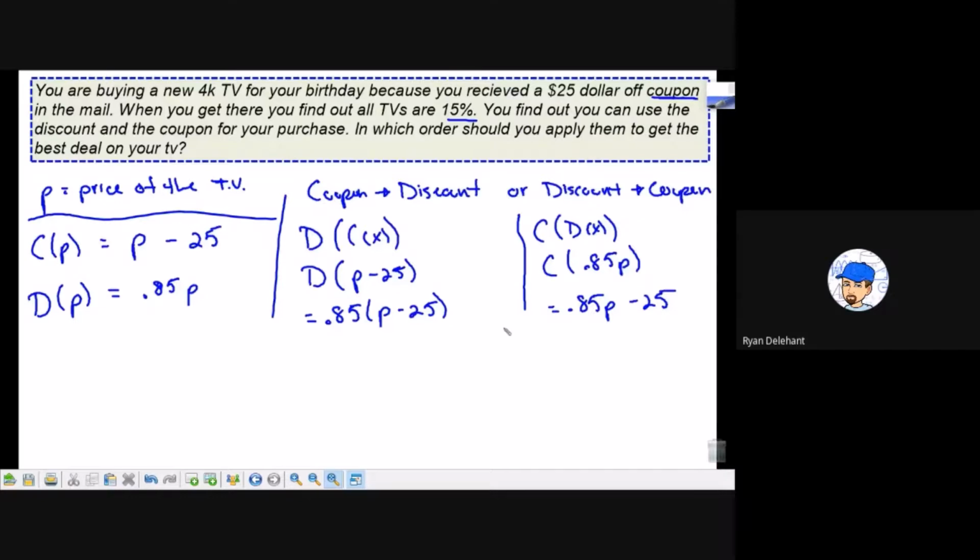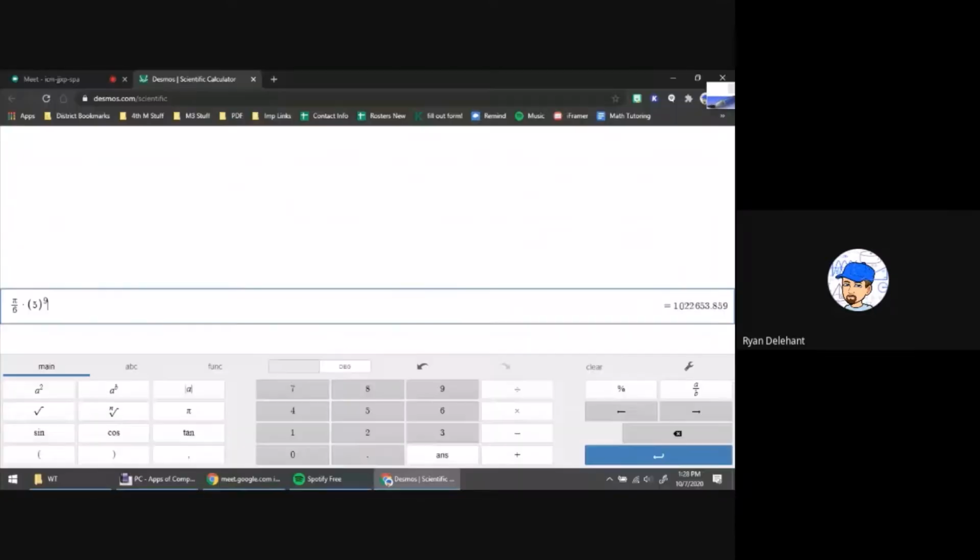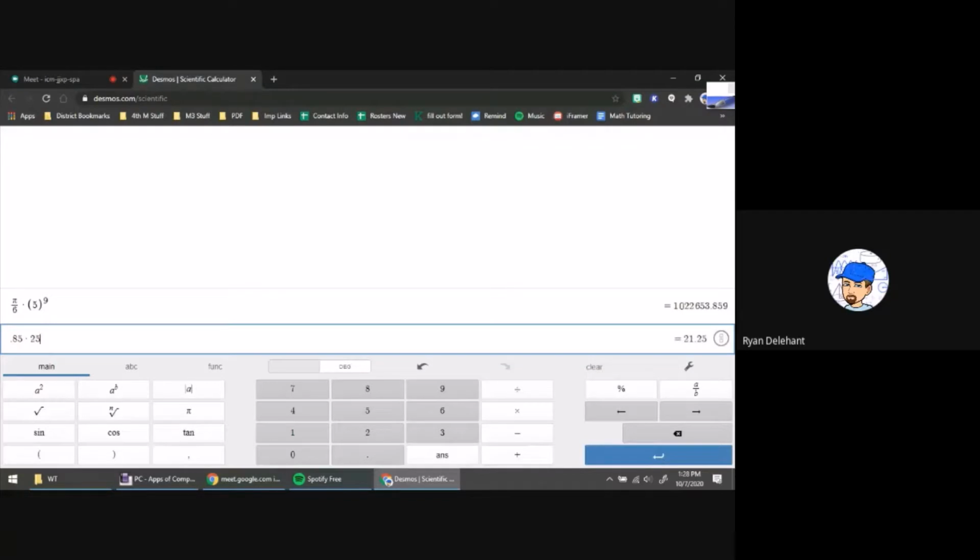So those are our two compositions. They look really, really similar, right? Let's actually finish multiplying this one out. 0.85P. Let's do that 0.85 times negative 25. So 0.85 times 25 is 21.25.